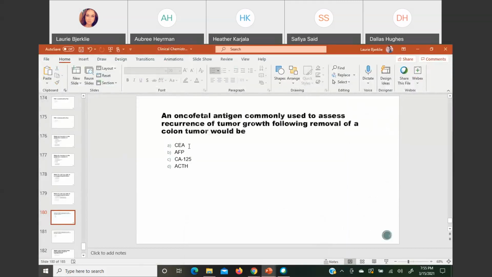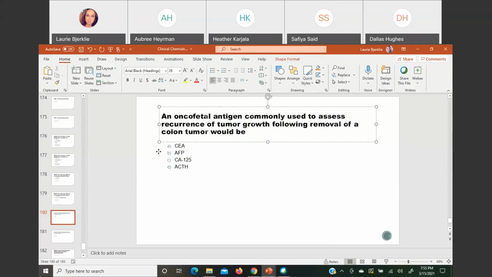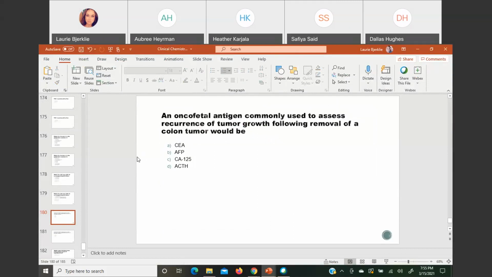If you don't, I'll give it to you. Again, it is not a nice saying. I didn't make it up. So, colon tumor, CEA, if you think of C as cancer-eating ass for colon. That's one way you can remember it. I did not make that up, but people seem to think that's helpful. Okay.